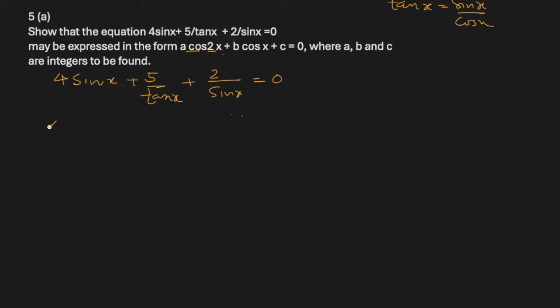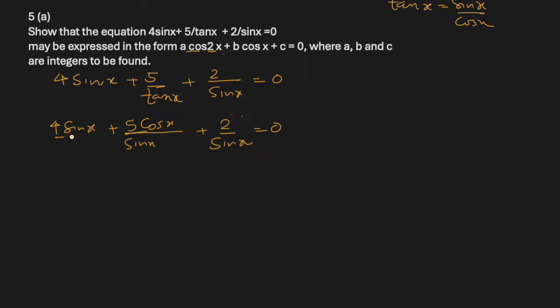So we'll do this one, 4 sin x plus 5 over sin x over cos x, correct? Tan becomes sin x over cos x, but I will not write over cos x. I will write cos x on top. It's the same thing. Denominator of a denominator becomes numerator. Plus 2 over sin x equal to 0.